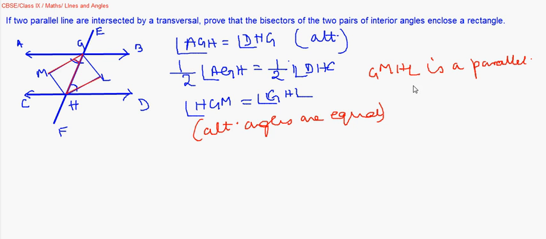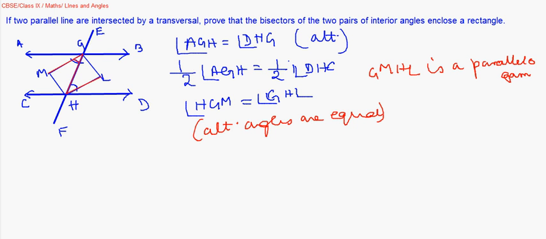Now once we prove that one of the angles of this is 90 degrees, that will make the parallelogram a rectangle. That's the basic requirement to make a parallelogram a rectangle. Now, how do we prove it? Let's see.